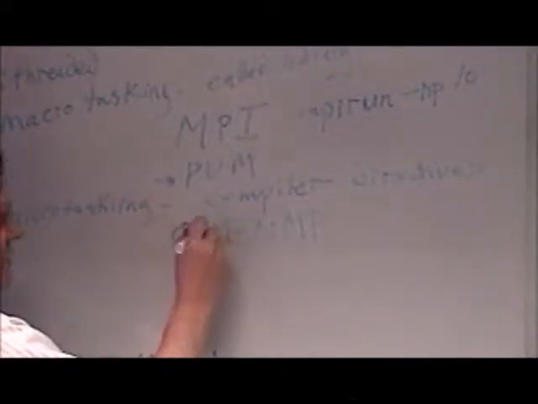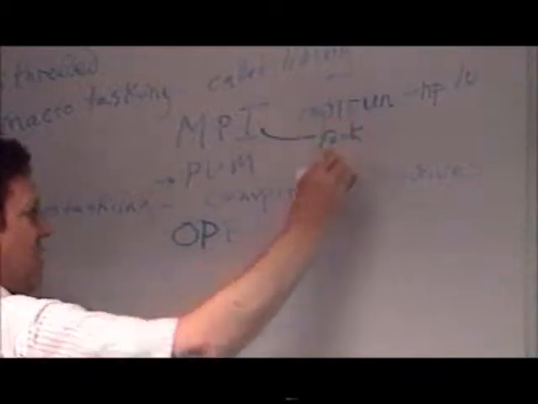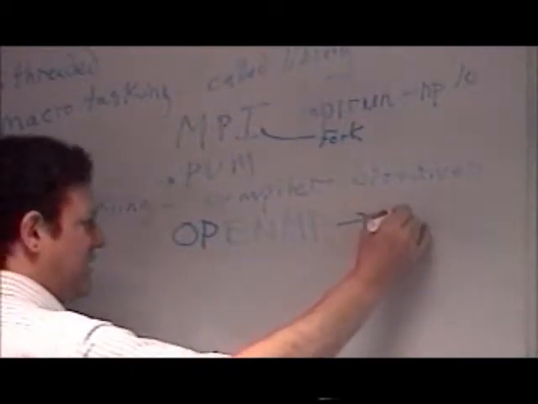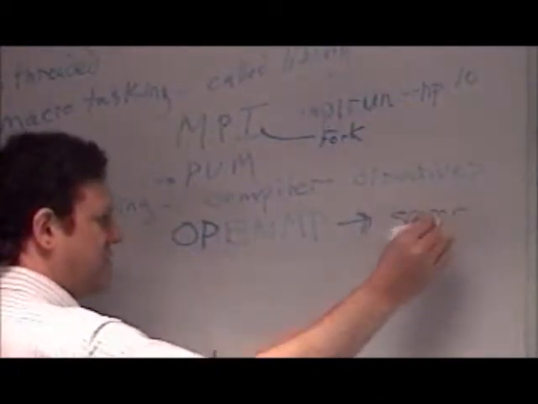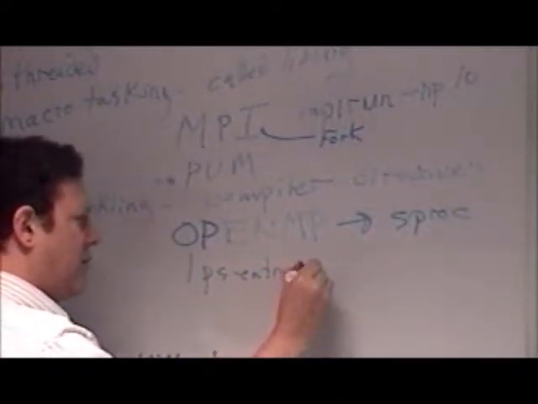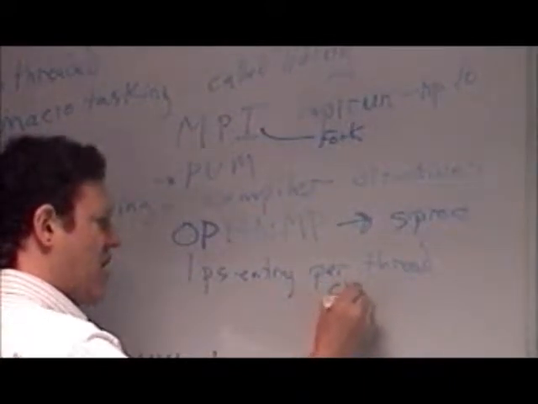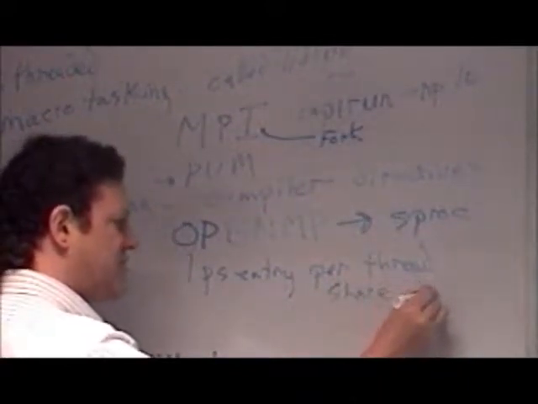Now OpenMP, by the way, MPI was using fork to create the processes, whereas OpenMP is using the SPROC interface instead of fork to create its children. With OpenMP, you still have one PS entry per thread. And they share addresses.